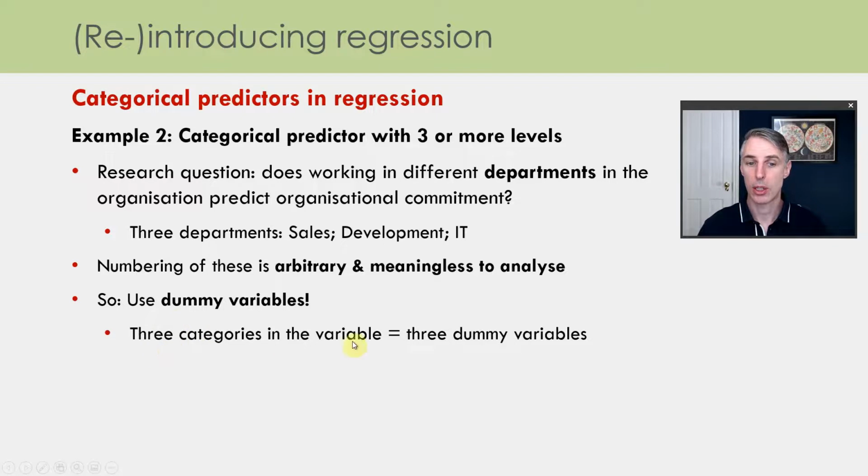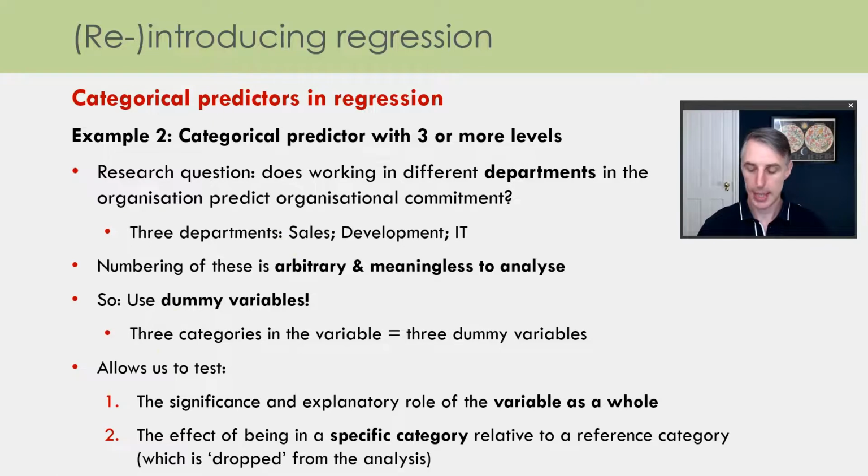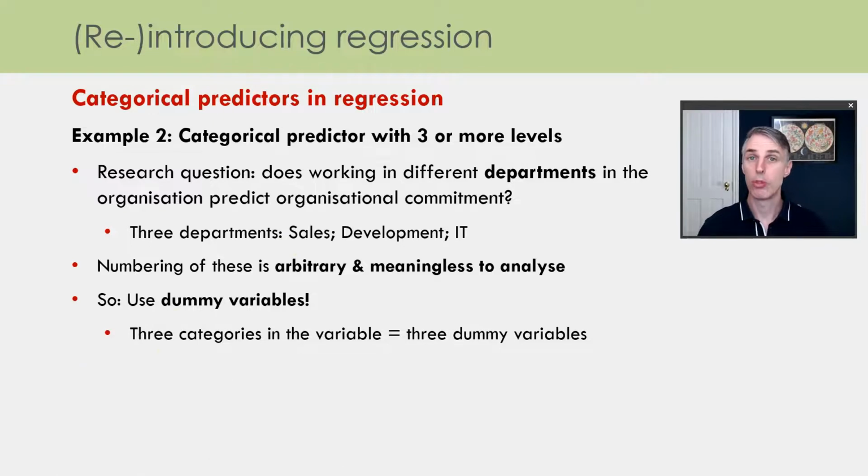Now there are 3 categories in this variable: sales, development, and IT teams or departments. So we would end up with 3 dummy variables. Unlike in SPSS, Jamovi allows us to analyze these categorical variables without having to manually create those dummy variables, as we will see.